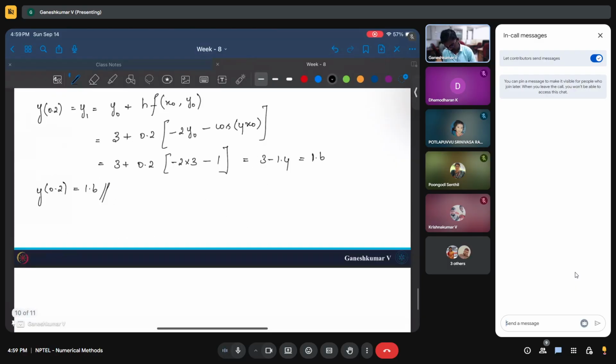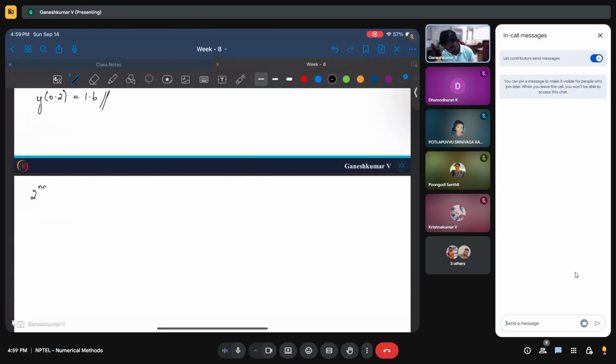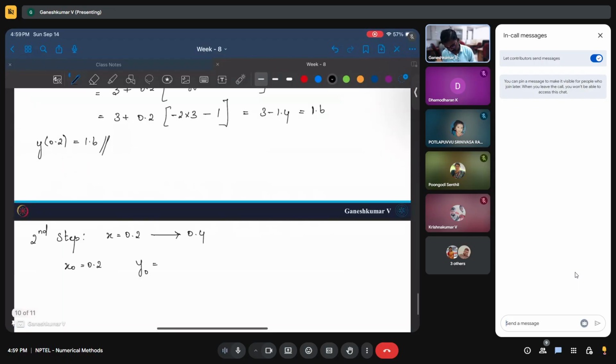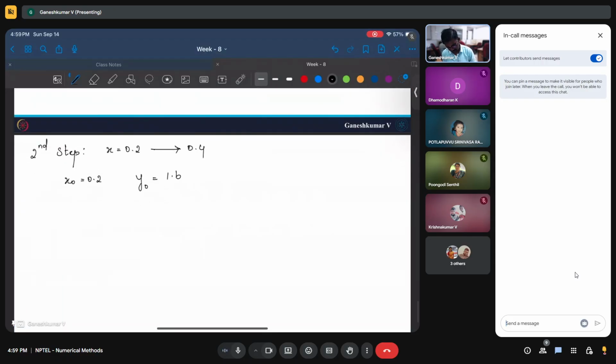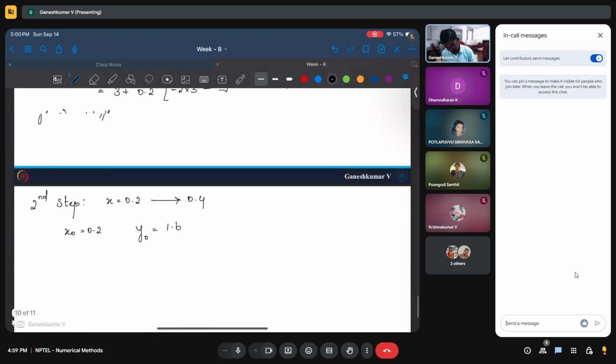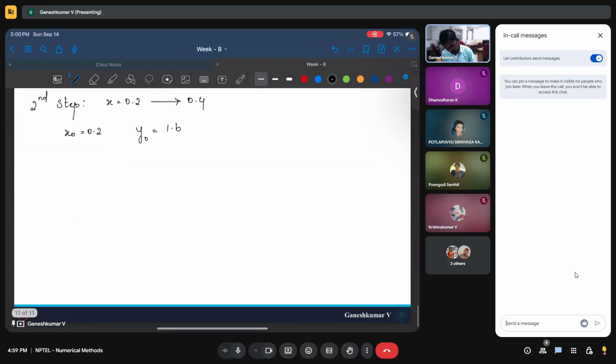So we will take the second step now using this value. The second step is to go from x equal to 0.2 to 0.4. Here your x naught is 0.2, your y naught is the previous value, which is 1.6, and step size is 0.2, of course.